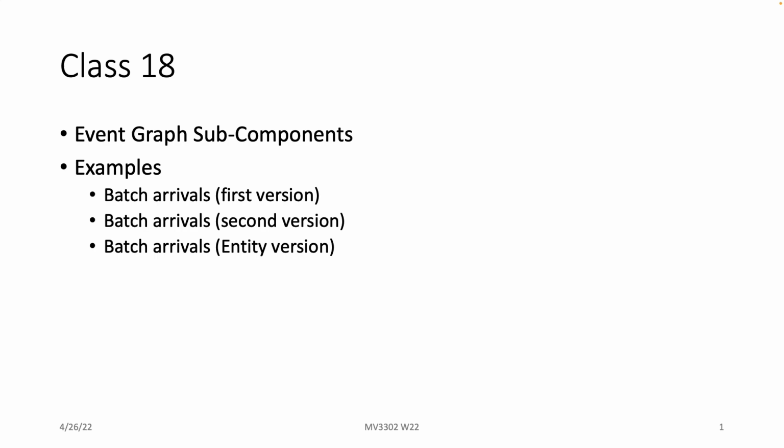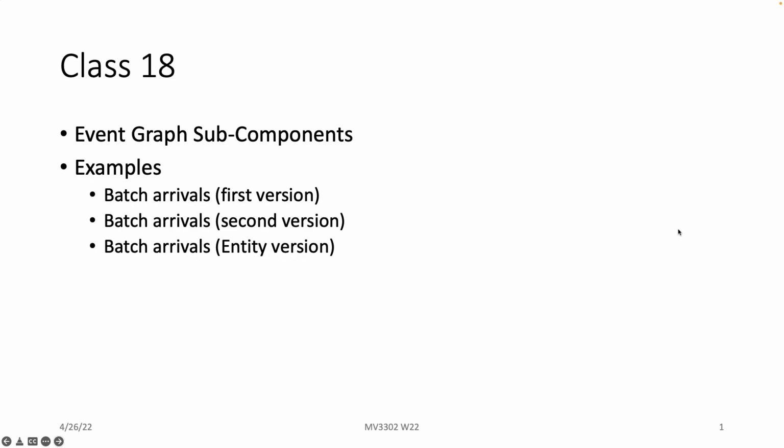So an arrival does not cause one more to be in the queue. An arrival would cause however many are in the car to be in the queue. Okay, so the basic multiple server queue, if you recall, had to be tweaked to do that.